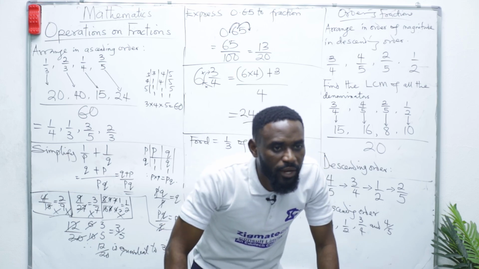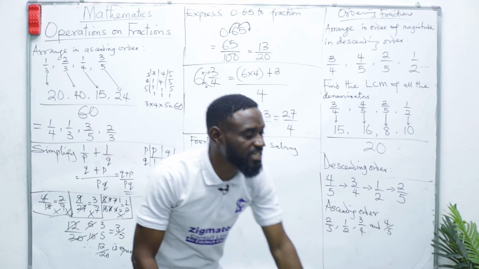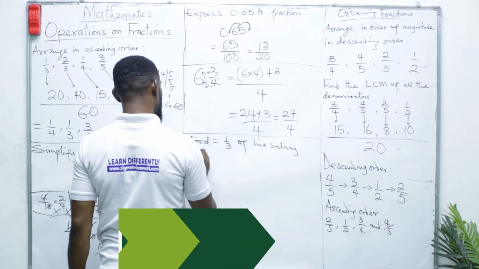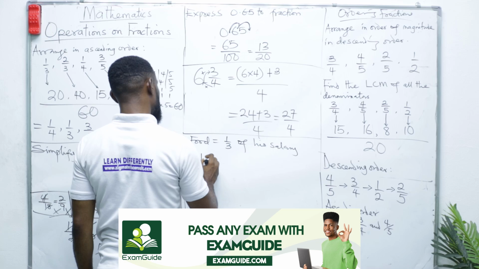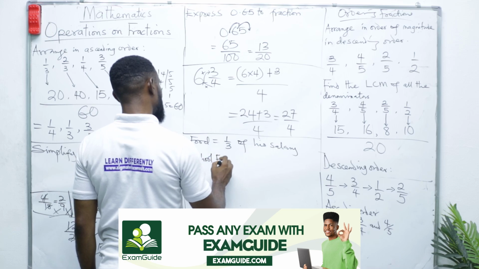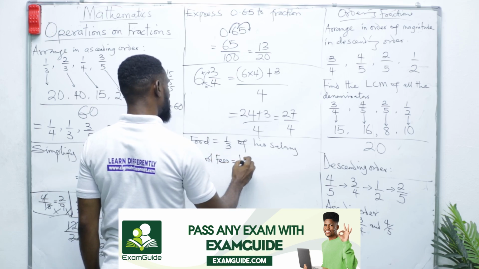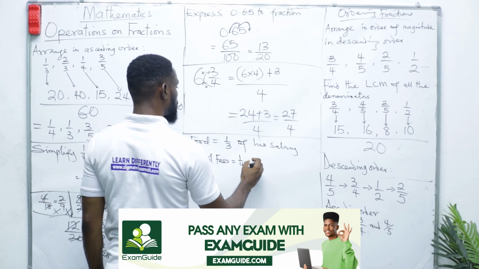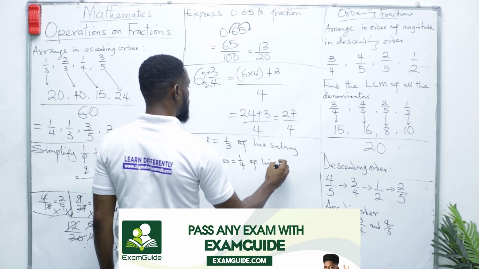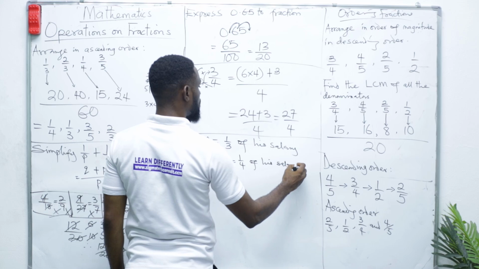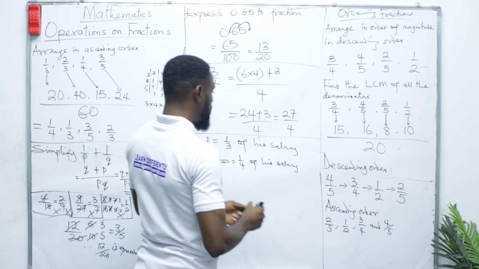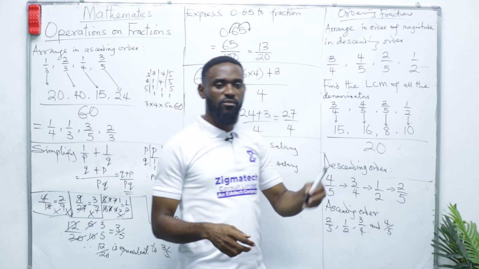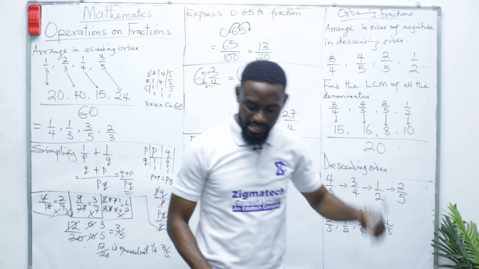Okay, and 1/4 on school fees. 1/4 on food, 1/4 on school fees. Okay, so let's see.